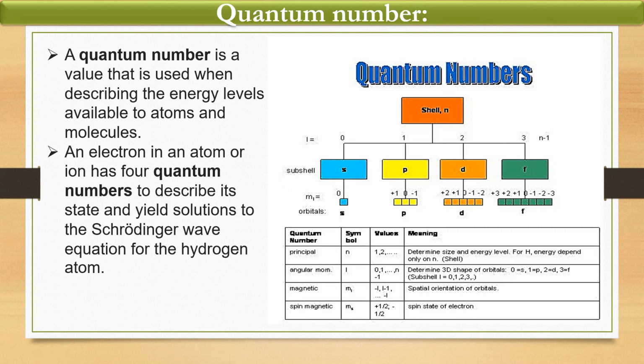We have four different types of quantum numbers: principal, angular momentum, magnetic, and spin magnetic quantum numbers. How they differ from each other, we are going to check in detail one by one.